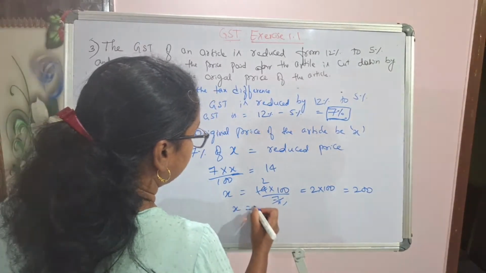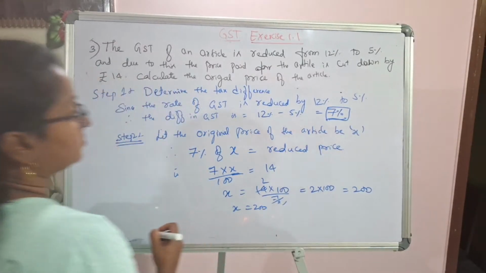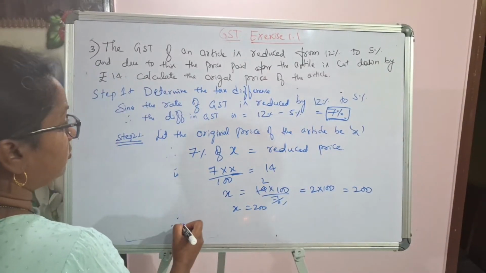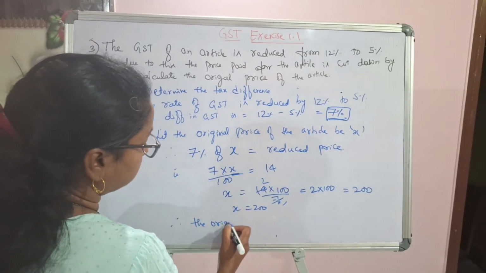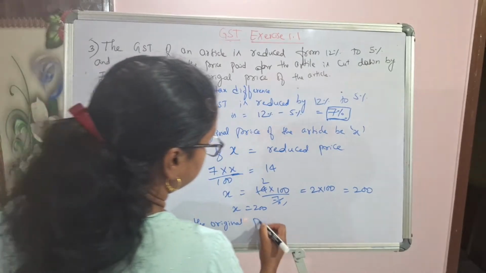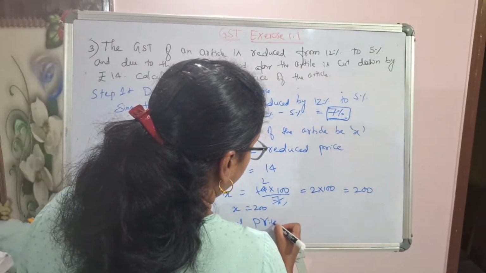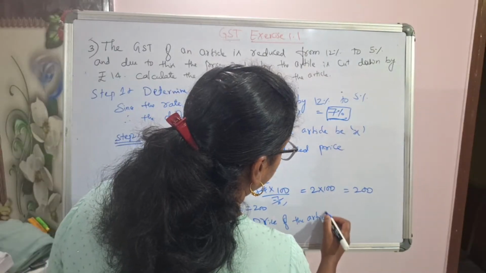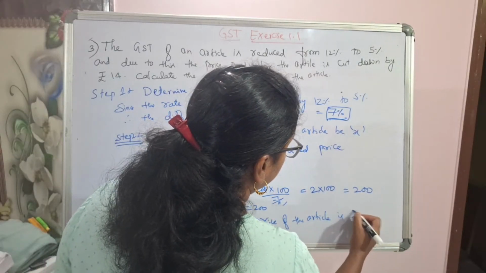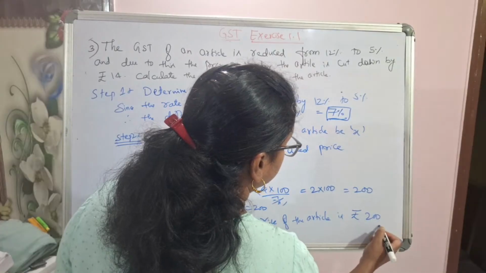So X is equal to 200. Therefore, the original price of the article is rupees 200.